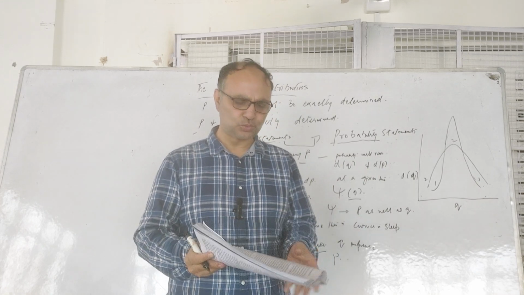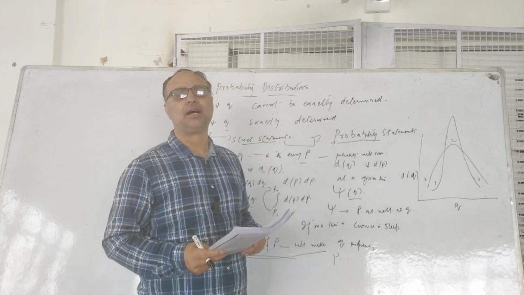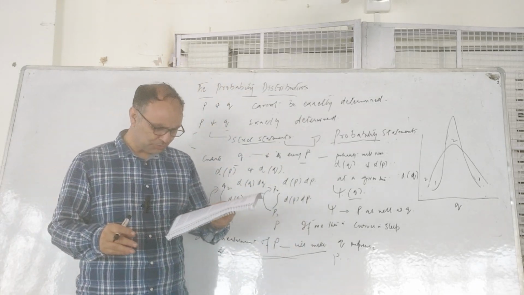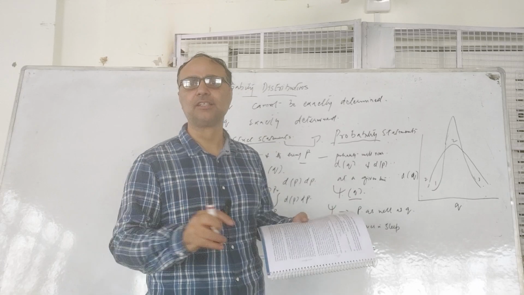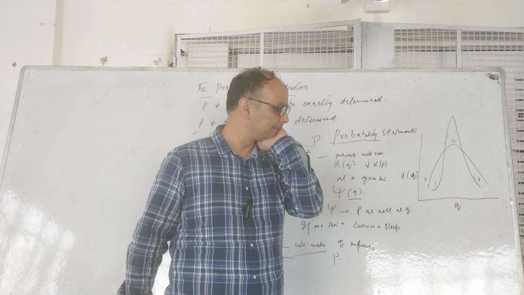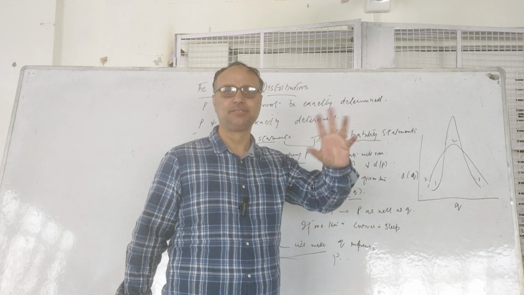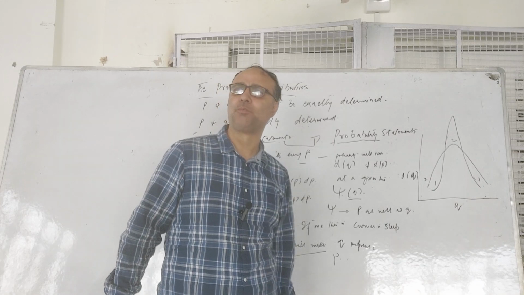Historically, you can say that de Broglie and Schrödinger took an analogy from Huygens' wave theory in wave optics.